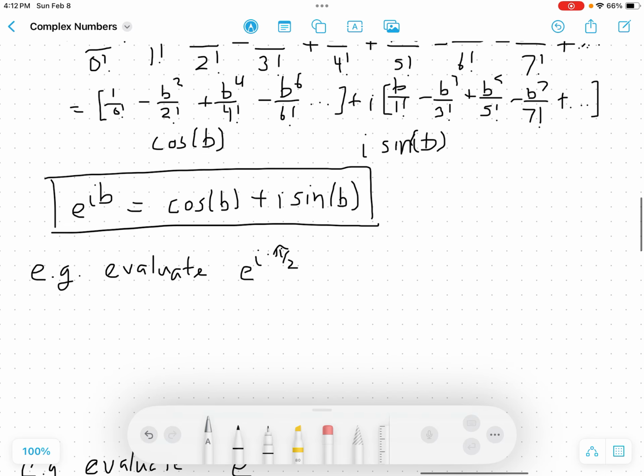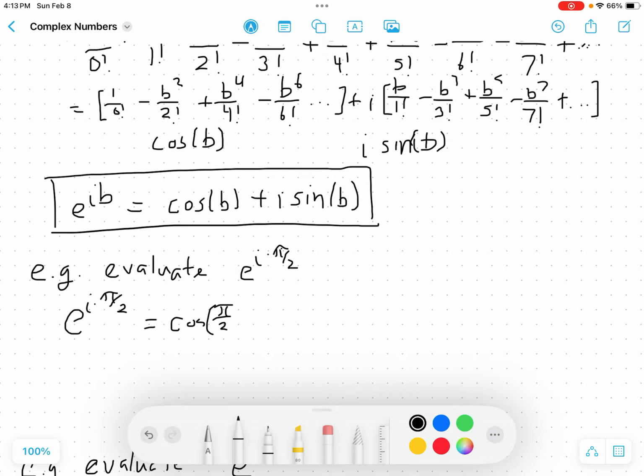So using this formula, let's see what we would get if we wanted to find e to the I times pi over 2. That's going to give me, we're going to say that this is going to be cosine of pi over 2 plus I times sine of pi over 2.